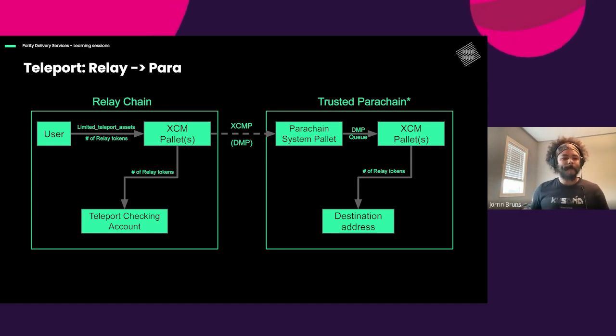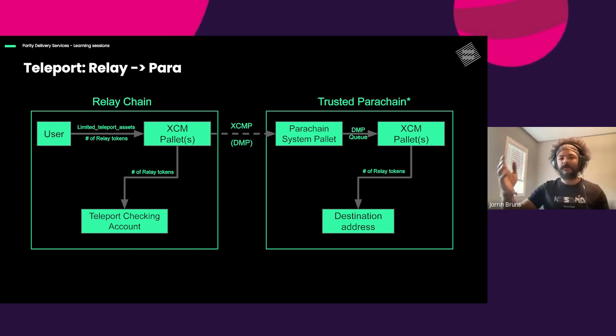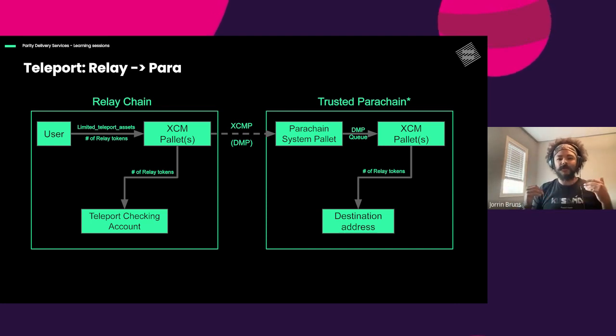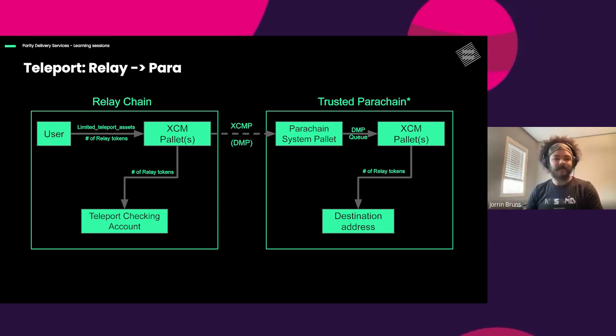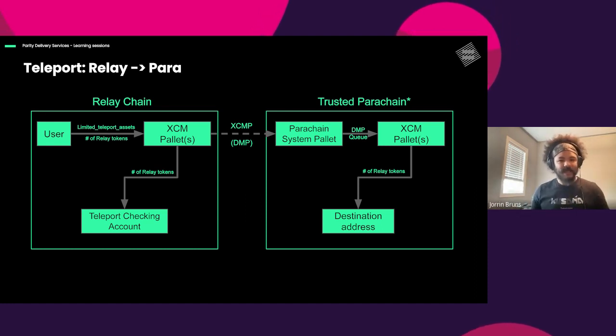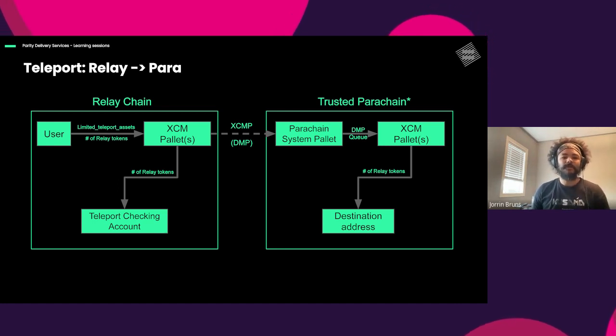If we were to send DOT to any parachain or any other chain that has a different consensus system, the worry is that consensus system, through its own governance, could arbitrarily mint an exorbitant amount of DOT and then send it back to the relay chain and say, like, I have all the DOT now. We don't want this to happen, obviously. And so we only want to teleport to systems that we trust.